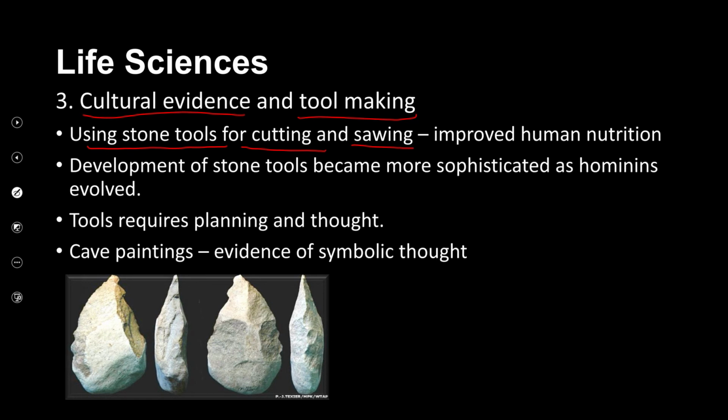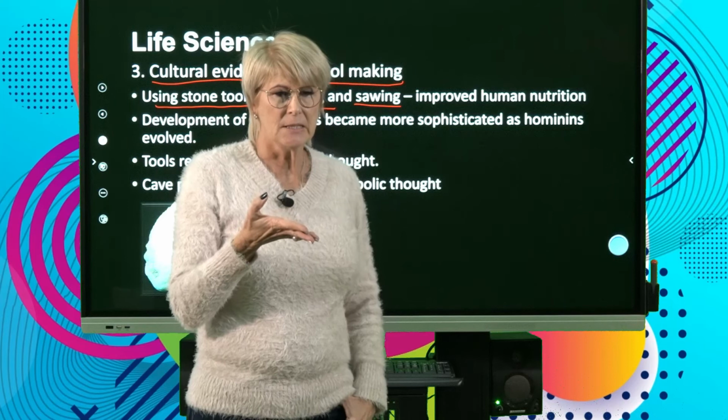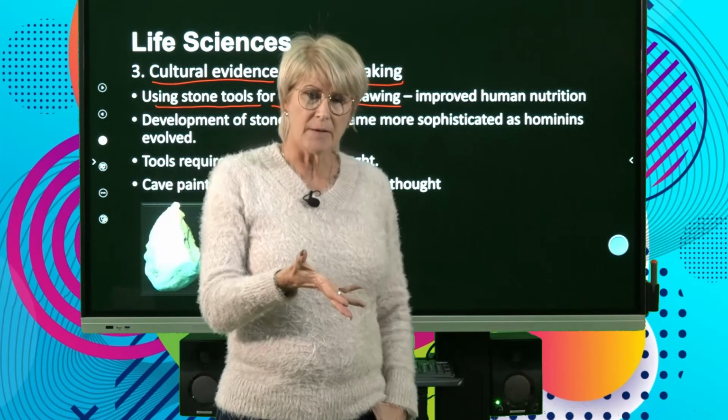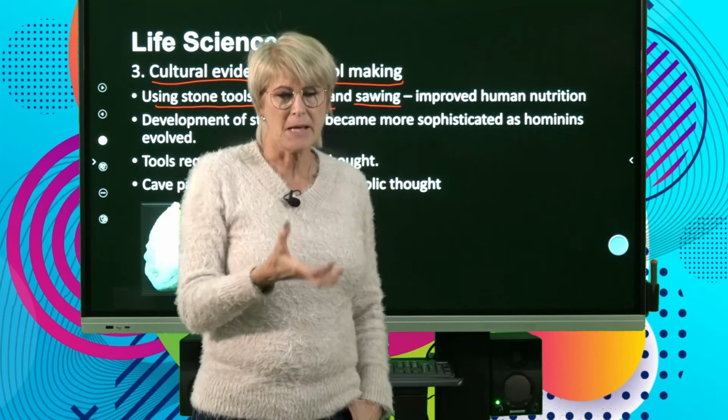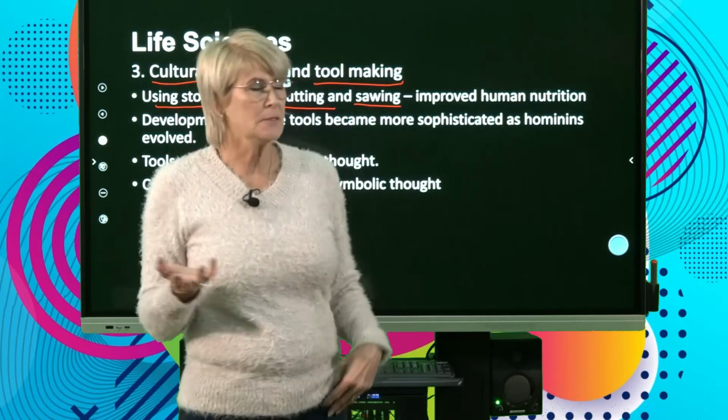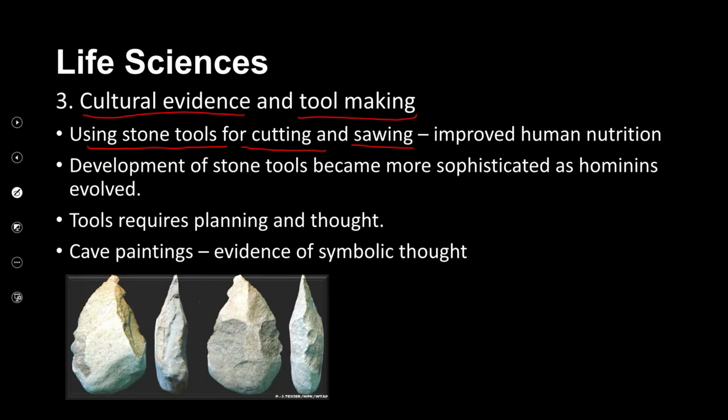Now they were able to cut and eat animal flesh, so animal matter, not only plants. And as soon as that happened, it improved their nutrition, because we know that there's a lot more nutrients in animal tissue than there is in plant tissue. So it was definitely an improvement.